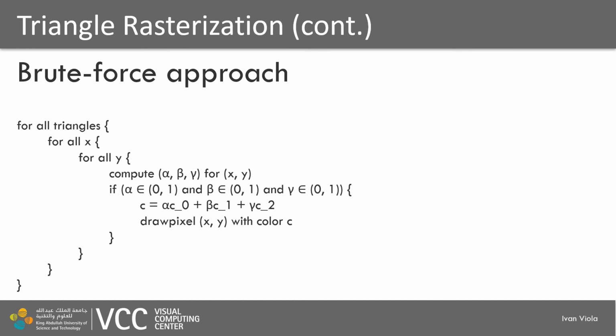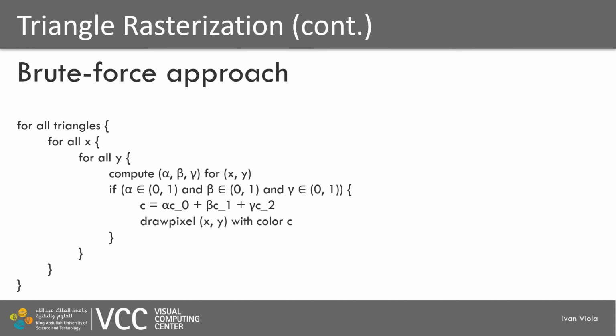And then we will evaluate whether the alpha, beta, and gamma belong to the range 0, 1. They all need to belong in the range 0, 1, otherwise the point lies where? Outside the triangle.